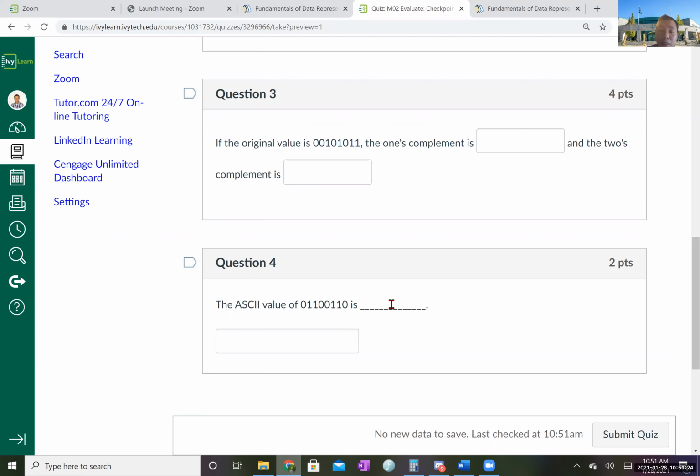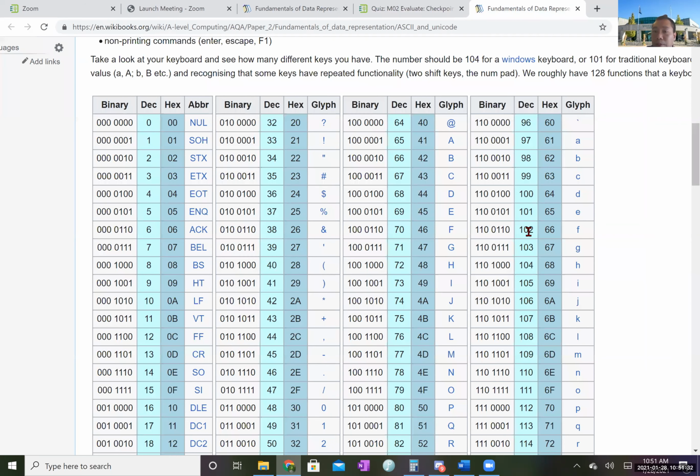So this is 102 in decimal, and you can look it up. You have F here. Okay, that's the way you work with the conversion from binary to ASCII.